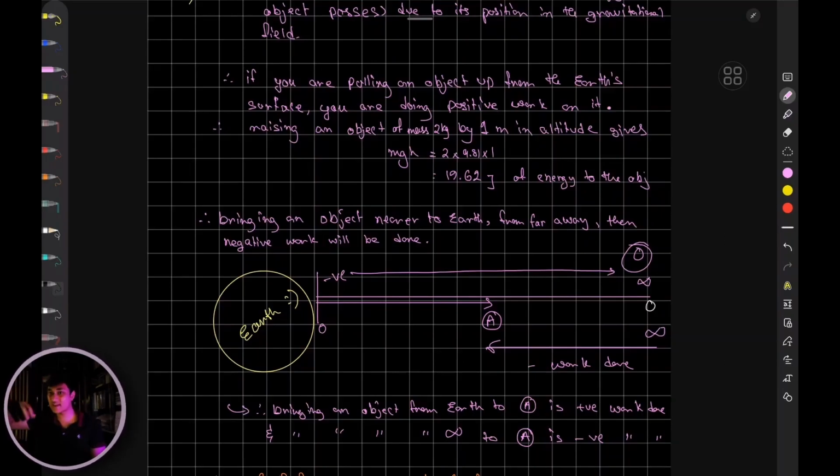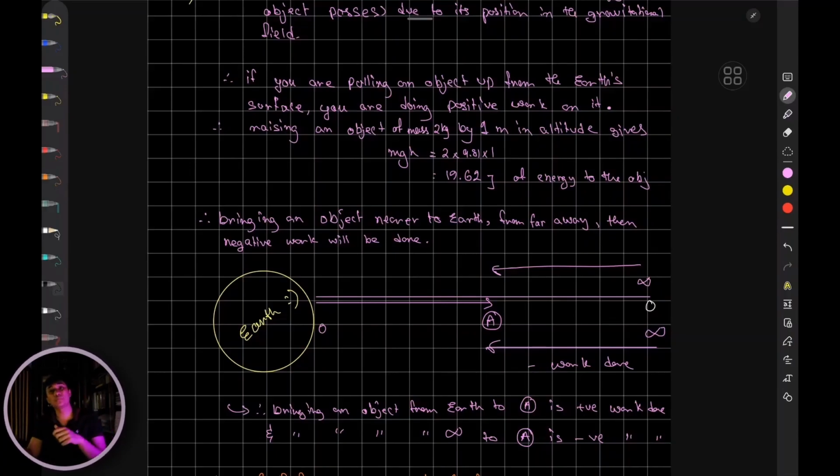That means when it has a potential energy of 0, it is outside the gravitational field of Earth. That means it is not under the influence of the gravitational force of Earth, right? The other way to think about this is as you move from infinity closer to Earth, it loses its energy. Why? Because you're not doing work on the object to bring it near the Earth's surface. The Earth is doing the work.